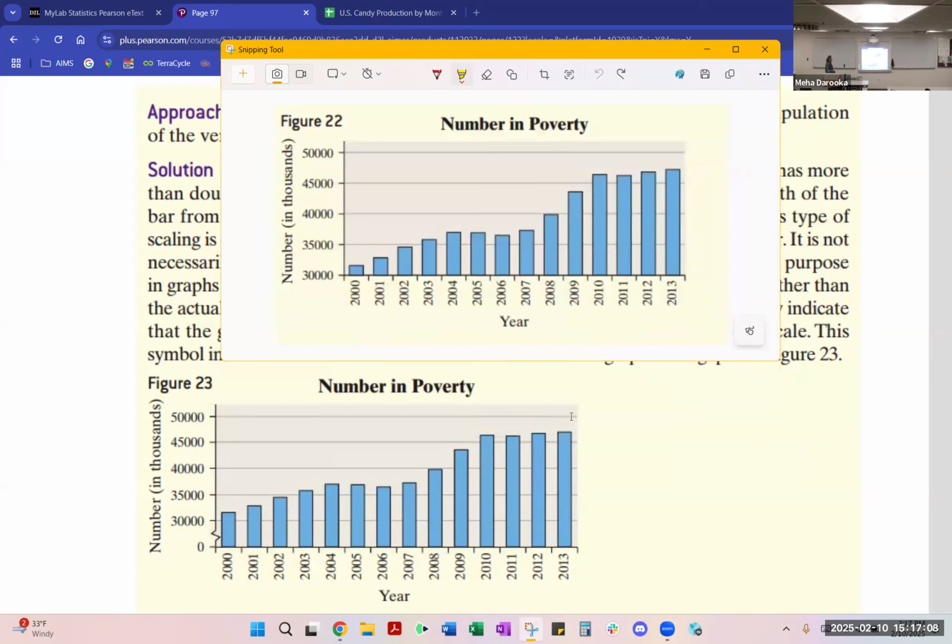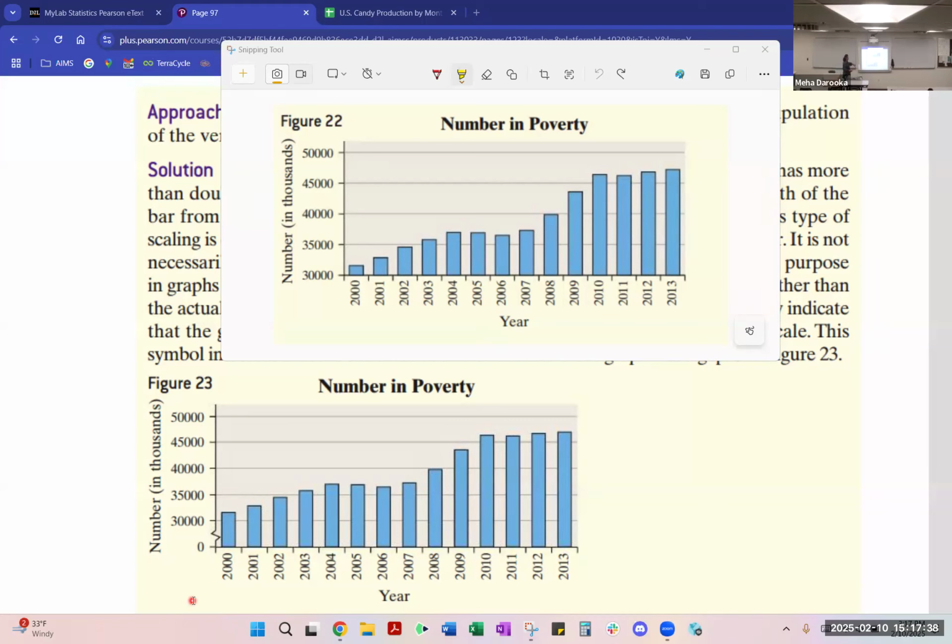So here you can see how the graphs look slightly different when you're looking at them from starting at 0. And you will notice there's that little Z kind of symbol here, because this is to show that there's a break in your count, because, obviously, if we try to do 0, 5,000, 10,000, 15,000, 20,000, this graph would be pretty gigantic to try and get those numbers.